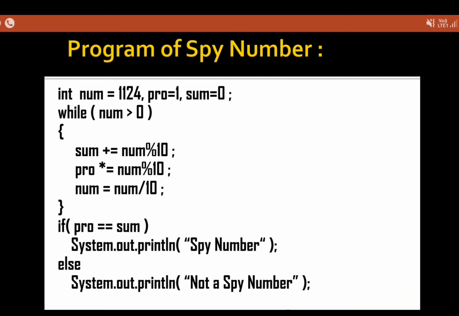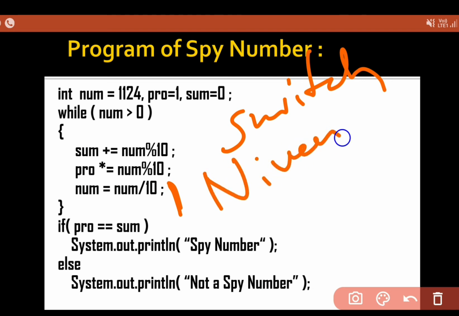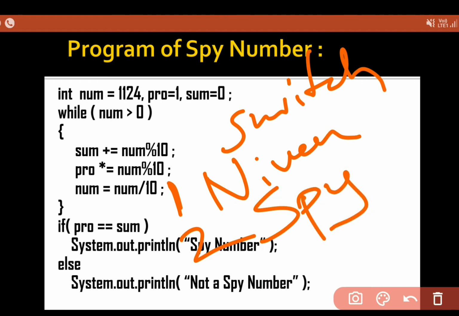I think this is sufficient for you all. You can have this sort of logic in a switch also. Maybe a question appears in front of you that if the user provides 1, you have to check whether the number is a Niven number or not, and if the user provides 2, you have to check whether the number is a spy number or not.